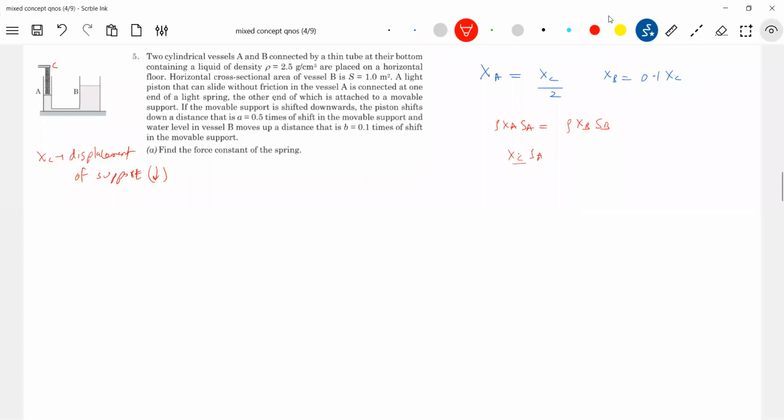Then only am I able to write the second equation. Volume should be conserved: the decrease in volume of liquid in A equals the increase in volume of liquid in B. So XC by 2 into SA is equal to XB, 0.1 XC, into SB. From this I get the relation between SA and SB.